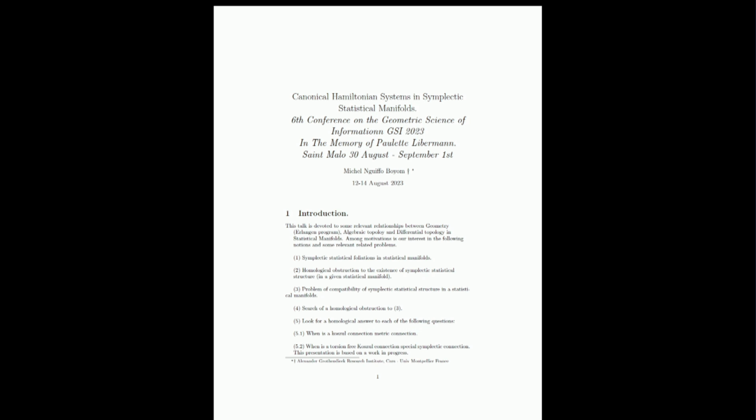symplectic foliation in statistical manifold. This means that you have a foliation, the leaves are statistical submanifolds, and they are also symplectic manifolds, and the connection of the statistical structure is a special connection of the symplectic form on the leaf.